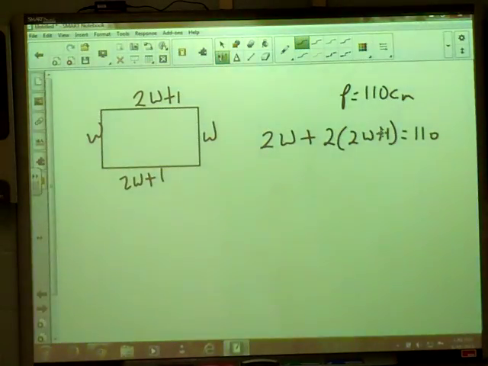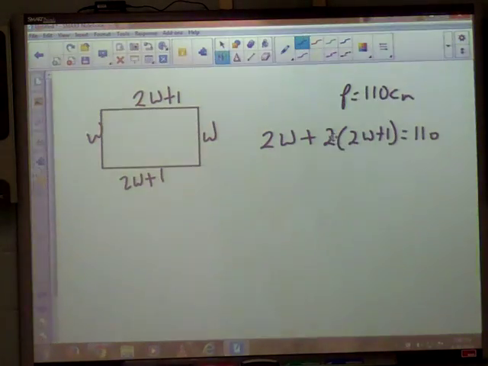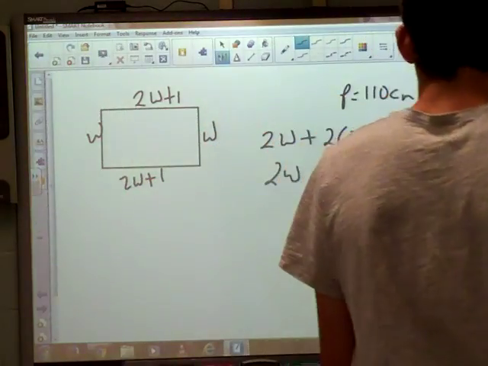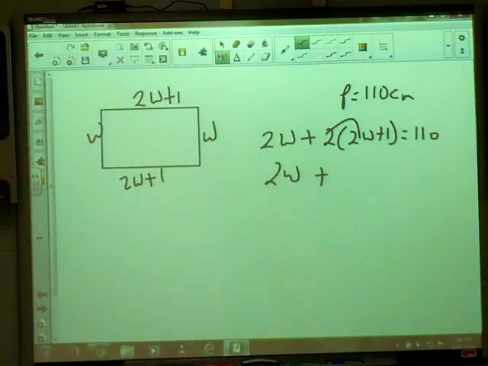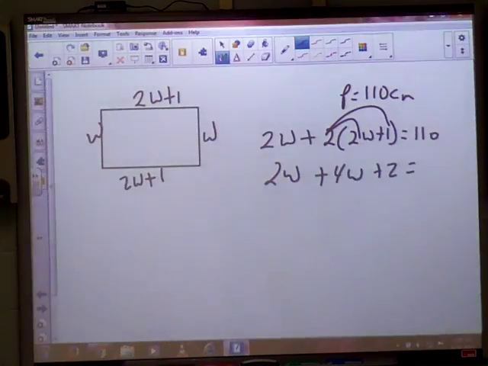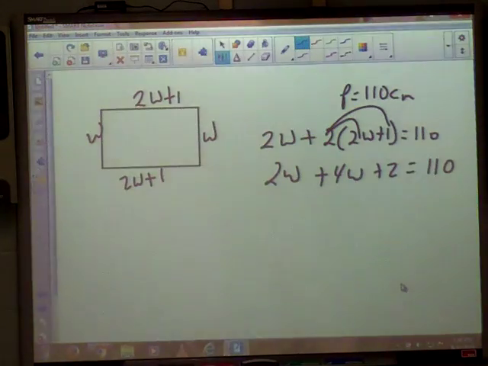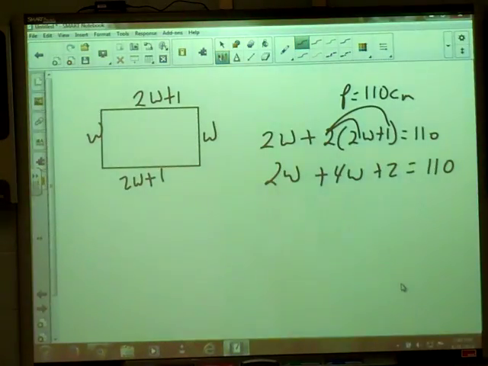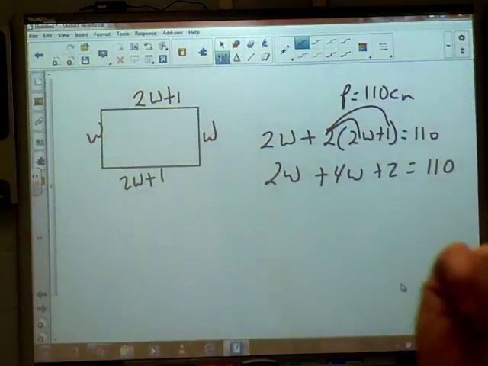Now, I need to do something here. For just the basic equation stuff, what do I need to do here? Good. So bring down the 2W. Gets me 4W plus 2 equals 110. Yeah, but let me do something before that. It wouldn't be wrong to do it now, but I want to do something before that.